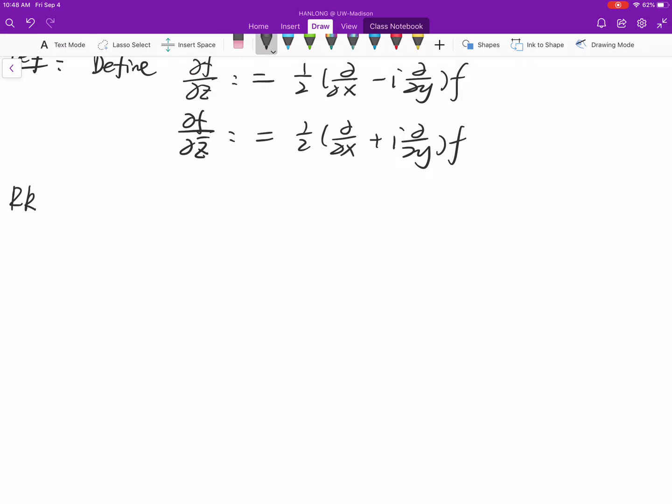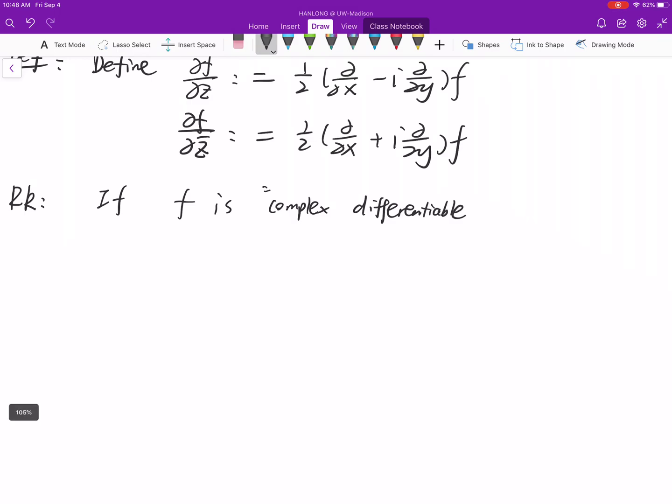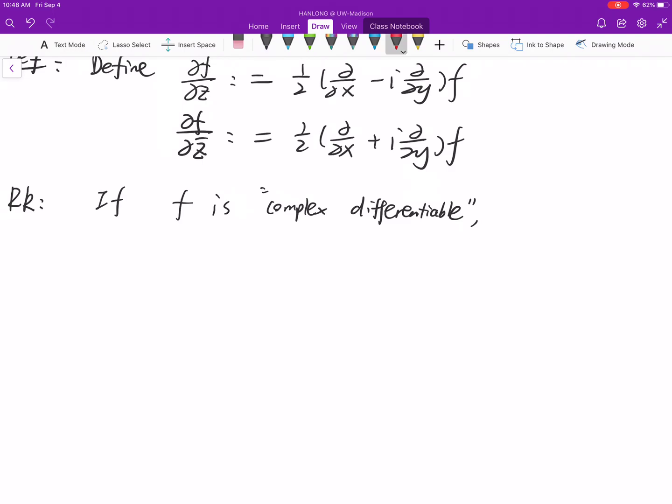Then we know that if f is complex differentiable, then the complex derivative equals partial f partial z.